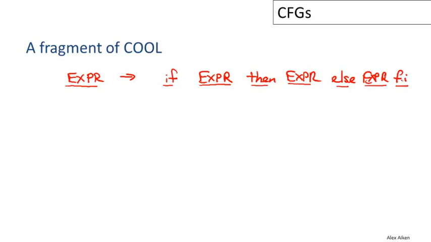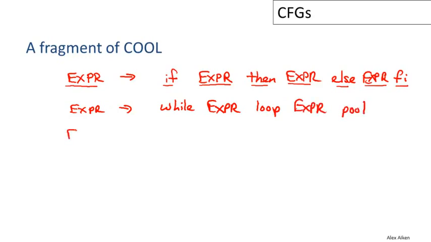All right. And another possibility is that it could be a while expression. And finally, a last possibility is that it could be an identifier ID. And there are actually many, many more possibilities. There are lots of other cases for expressions.